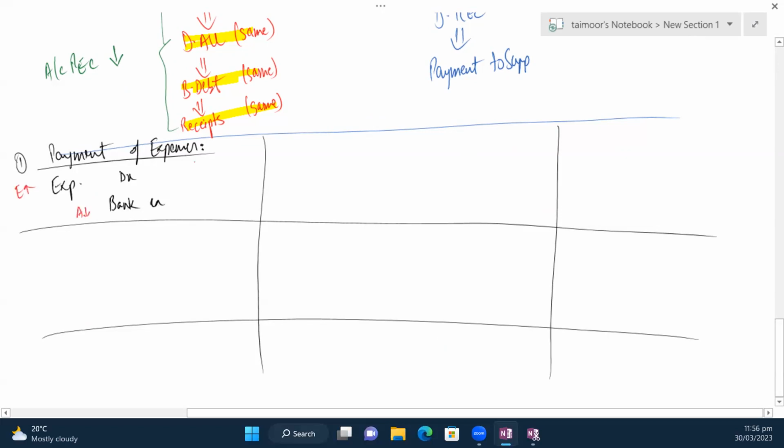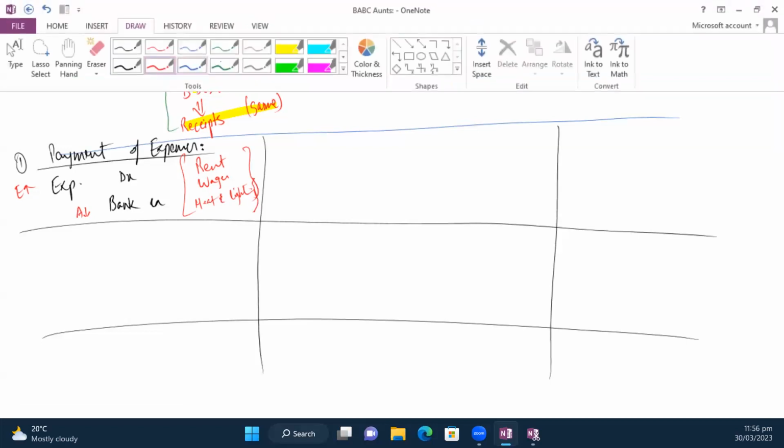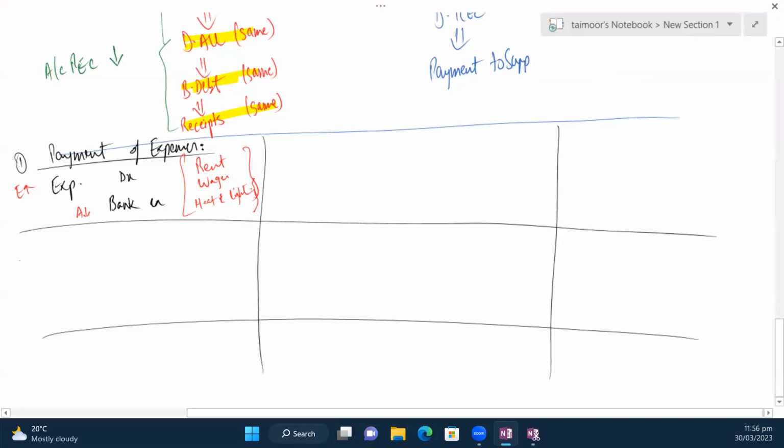ठीक है. अब this could be your rent, wages, heating and lighting. It could be any of these expenses. ठीक है. Your number 2 is other income.